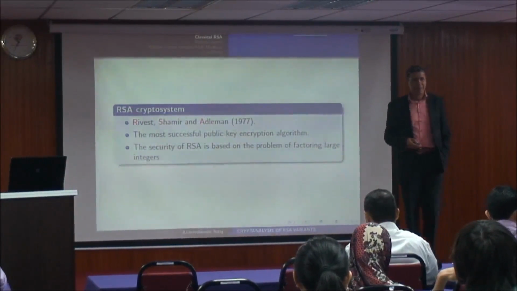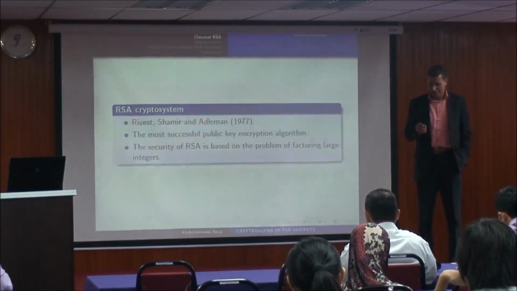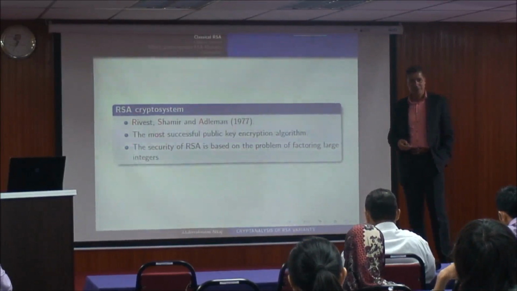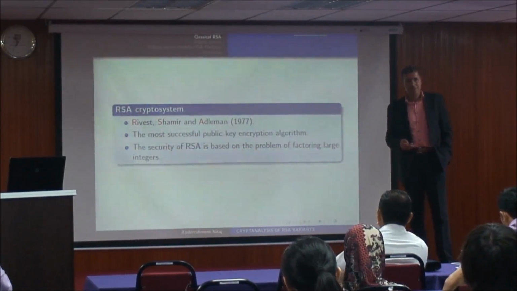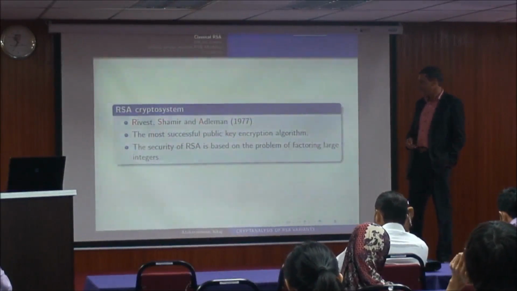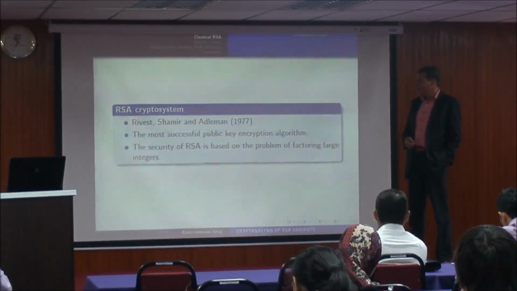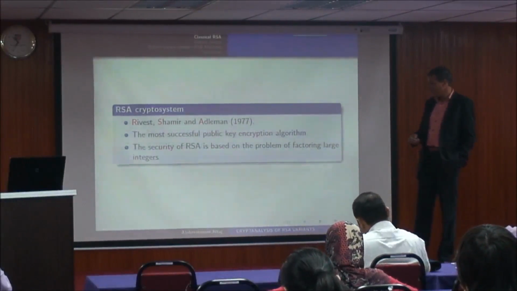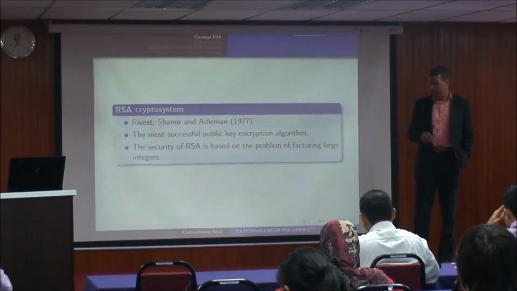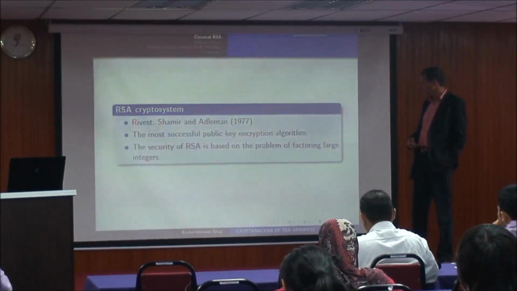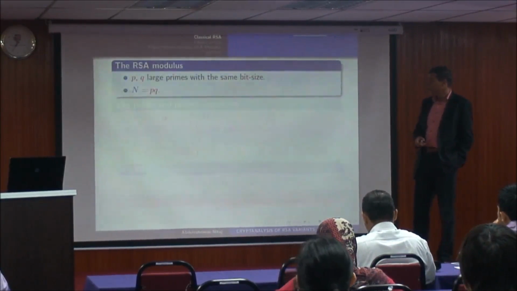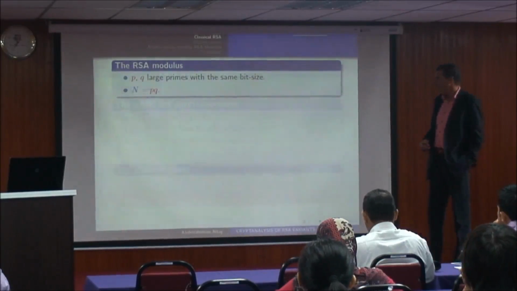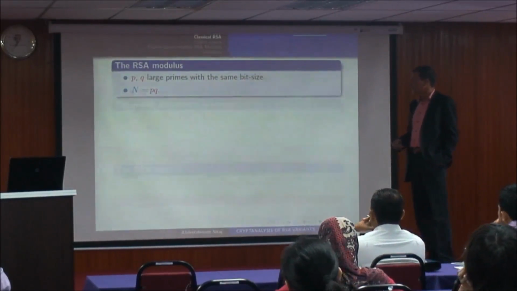In your browser, you can find that your emails are secure. The security of your emails is based mainly on RSA. So the security of RSA is based on a hard problem in number theory. The problem is factoring large integers. So these are the first parameters for the RSA system.